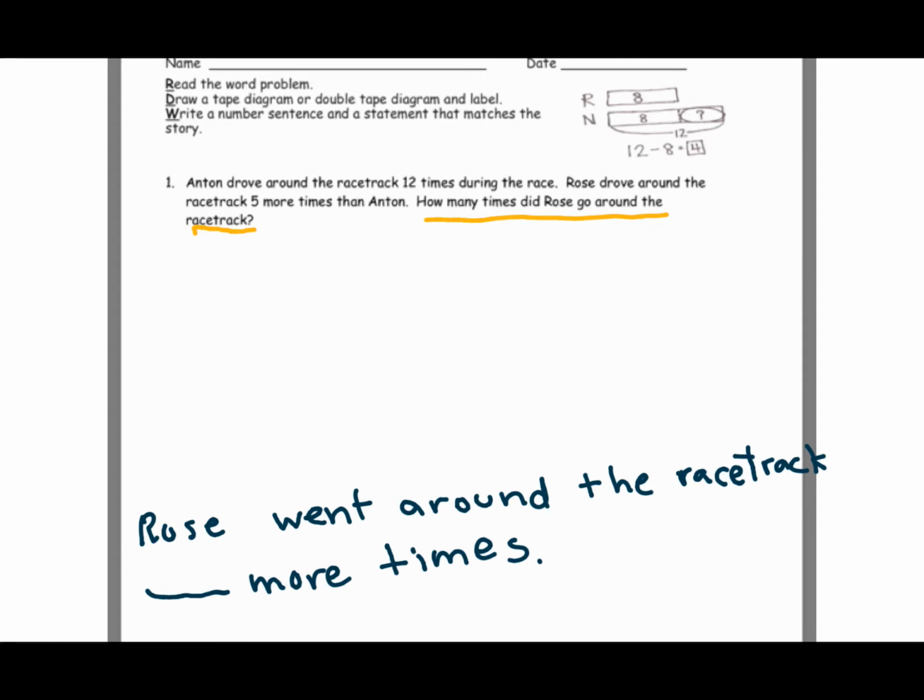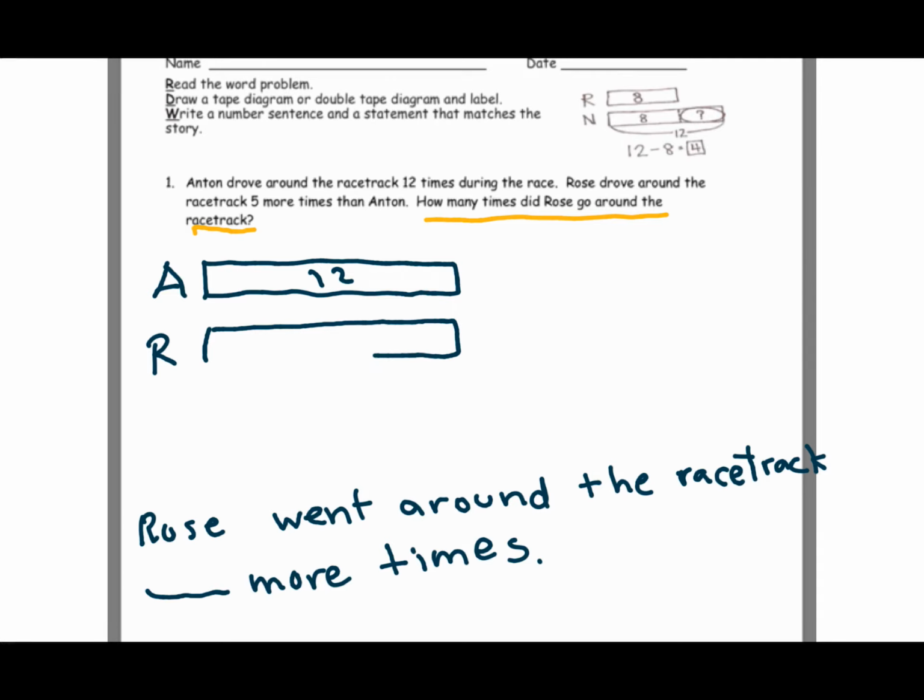So the first thing I want to do, boys and girls, remember we're going to write down the characters. We have A for Anton. We have R for Rose. And first we'll make Anton's tape diagram. Anton's tape diagram is 12. Okay, so that means for Rose, we're going to also make that tape diagram the same size.